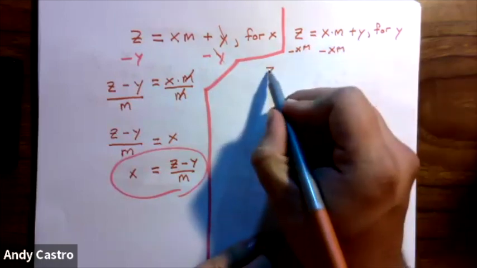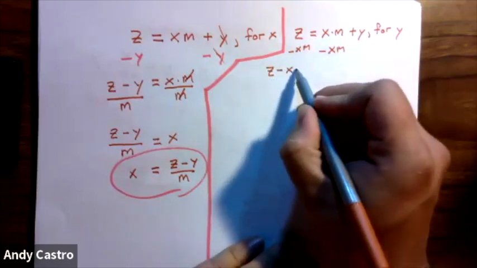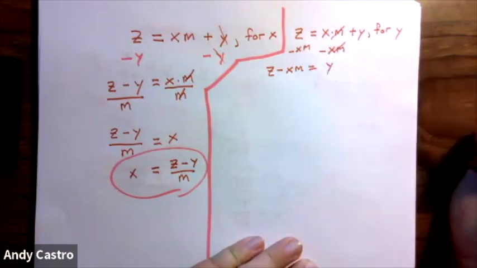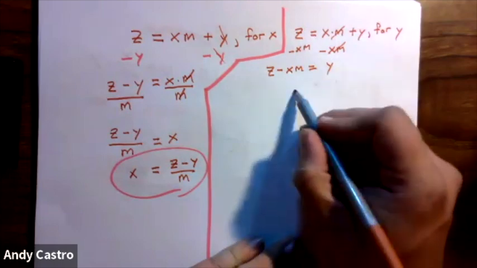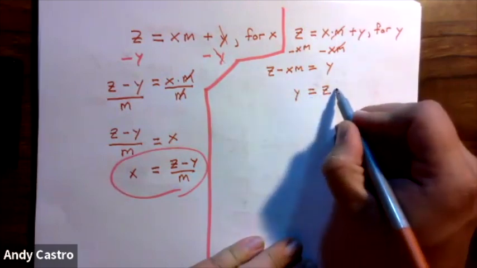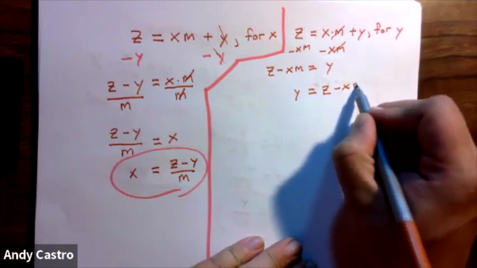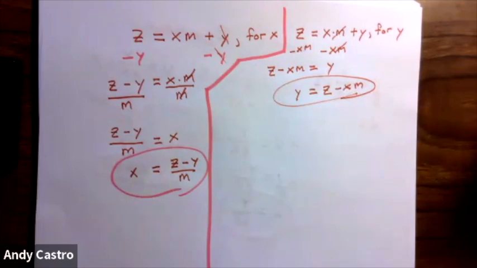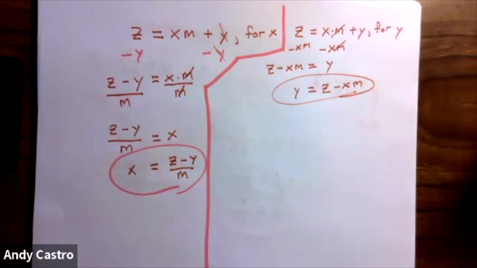I have z minus xm is equal to y. And then I can just switch the sides to make it look nicer. Y is equal to z minus xm. And I've solved that literal equation for y.